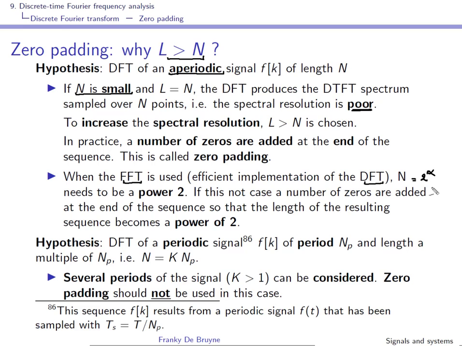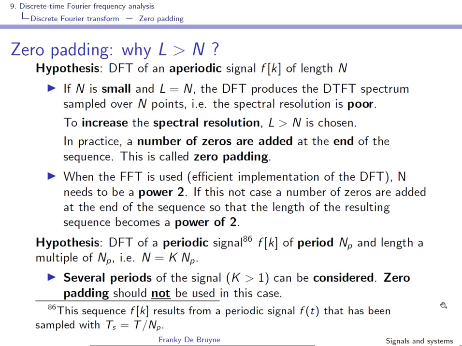In some cases, the number of data that you've got is not a power of 2. So what you can do is add a number of zeros at the end, so that the length of your sequence becomes a power of 2, and that you can use this FFT. But remember, you can do this trick only for aperiodic signals.